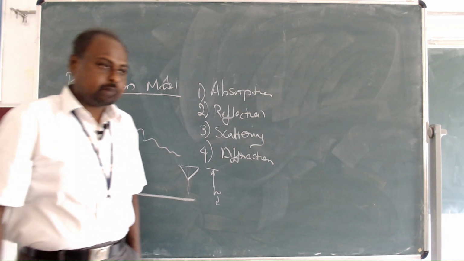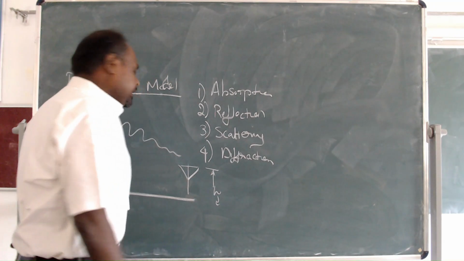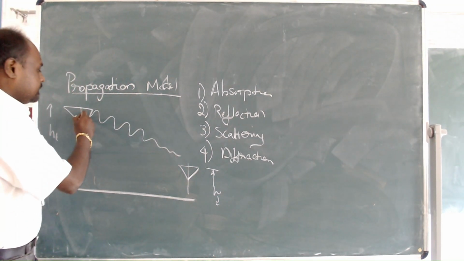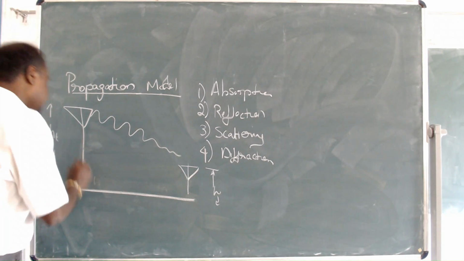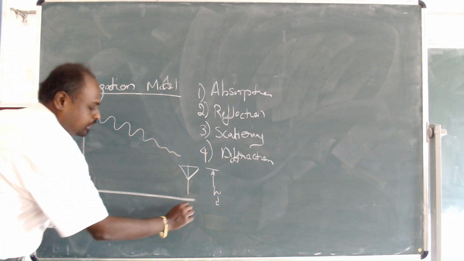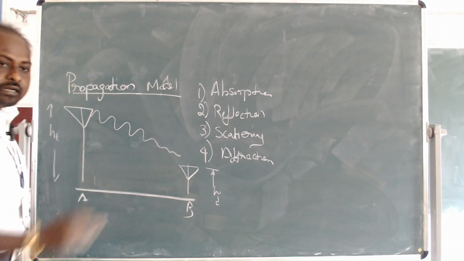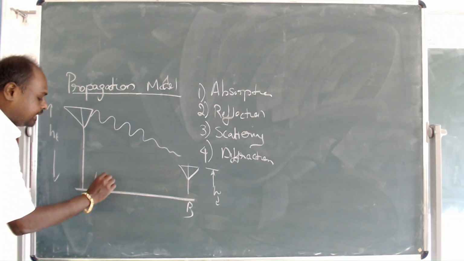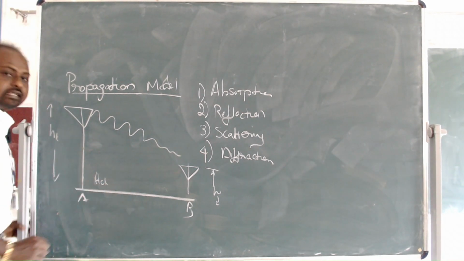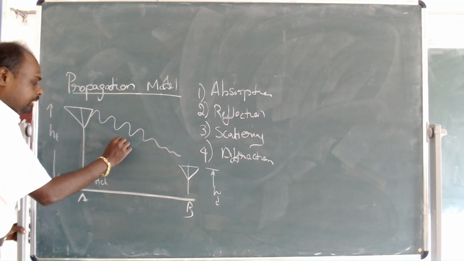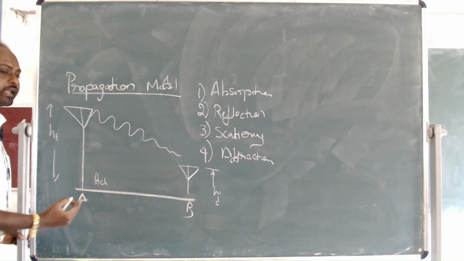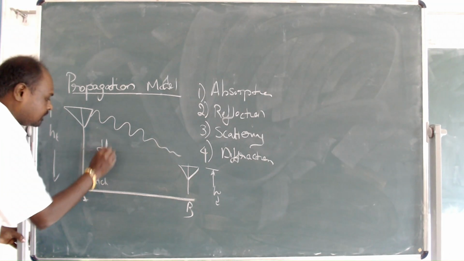Absorption, normally, means the medium absorbs the wave. For example, you transmit from point A and your receiver is point B. Between the transmitter and A, the medium is a thick vegetation area. Here the rate of absorption of the electromagnetic wave varies with respect to what kind of floor we are using.